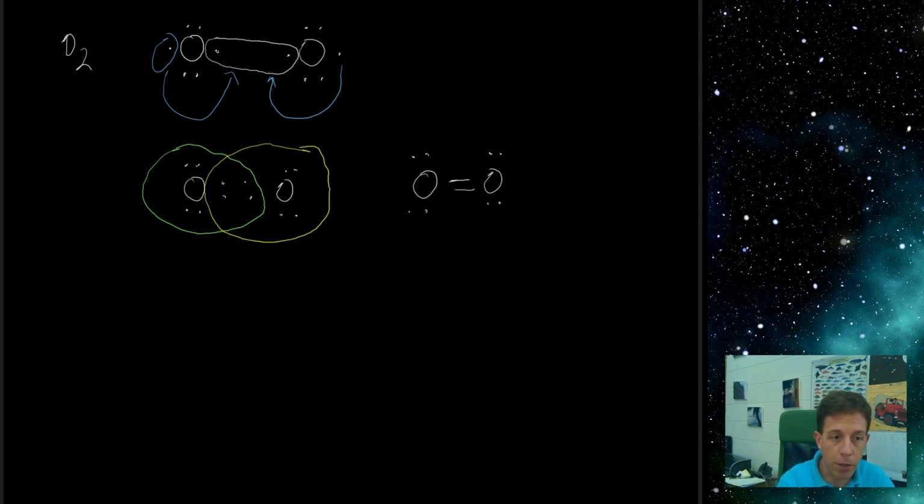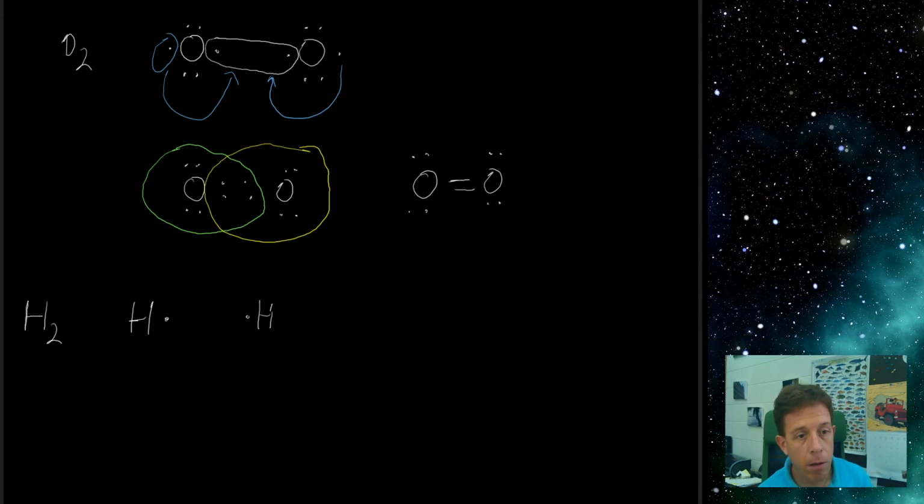For nitrogen, well, let's actually try hydrogen. Hydrogen has one valence electron, and so hydrogen has the formula H2. In this case, hydrogen only needs one more electron because it has only the 1s orbital, and the 1s orbital is filled with 2 electrons, so it obtains the noble gas configuration with just 2 electrons.